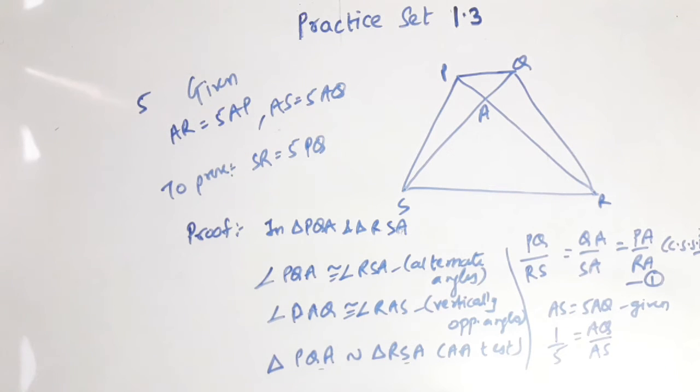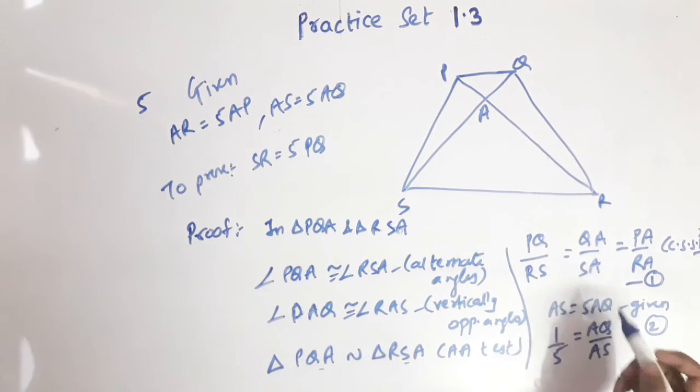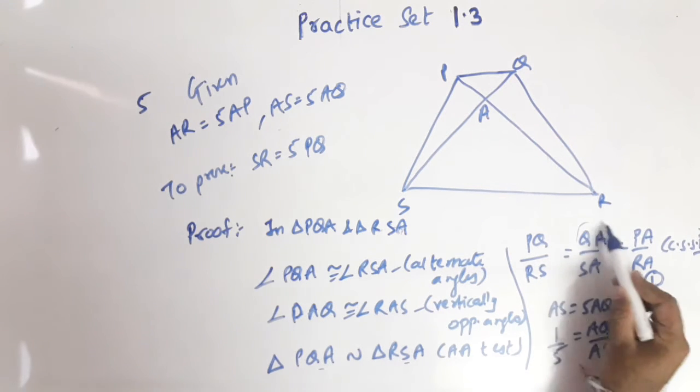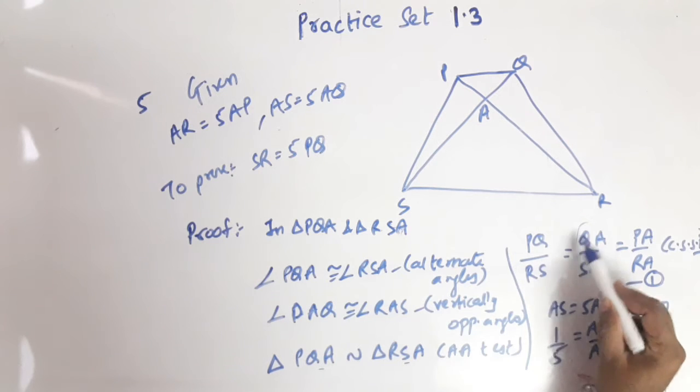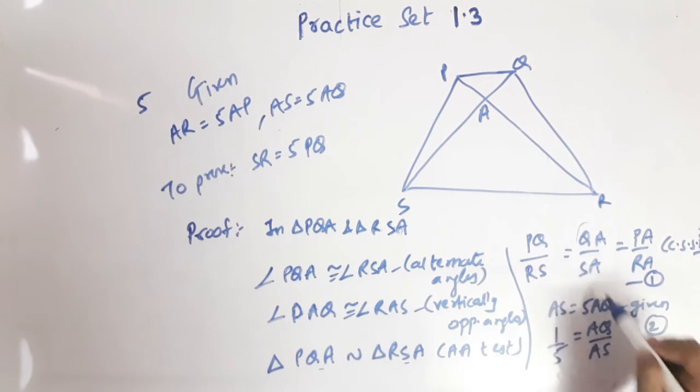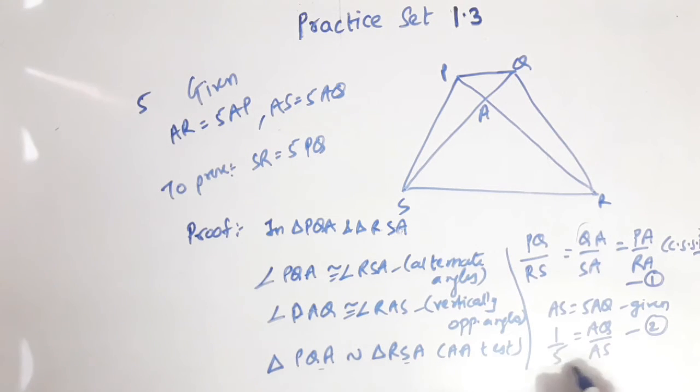Okay, so what I'll get is AQ upon AS is 1 upon 5. Now if you observe, this ratio is already here: AQ upon AS is 1 upon 5.